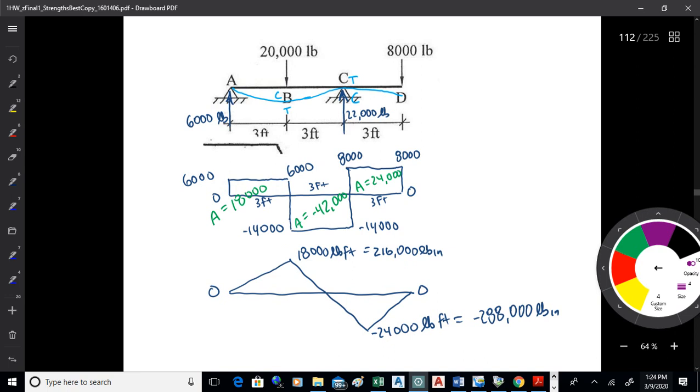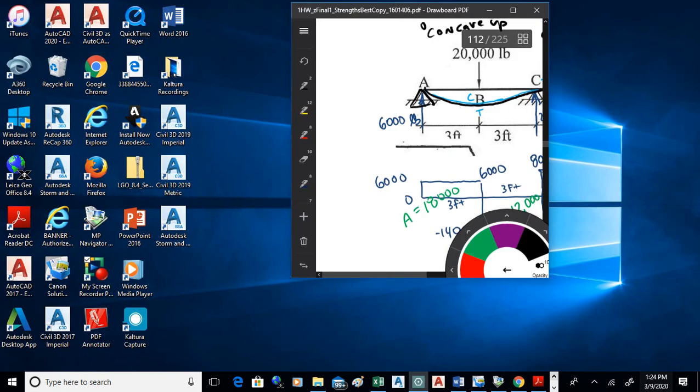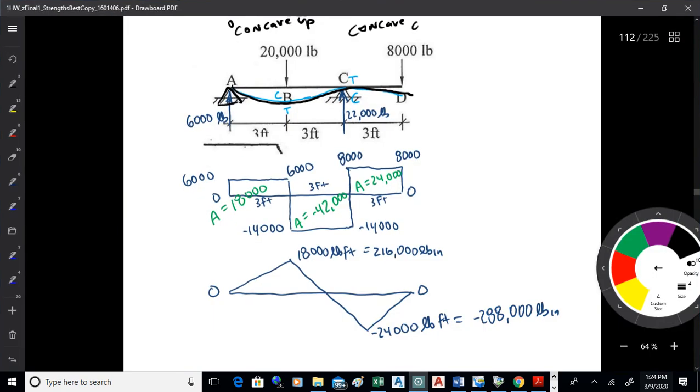What's happening with that configuration with the two supports on the beam is the beam bows down here, then it kind of curves, and this other side comes down. So we're concave up here, and then on the other side, we're concave down. So it flips like that because of the loading configuration.